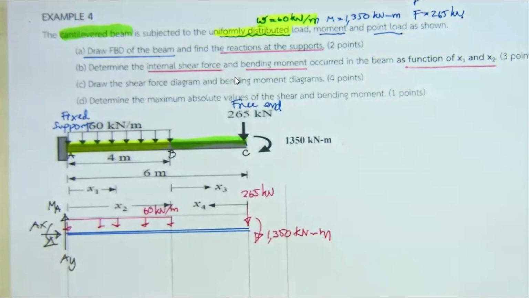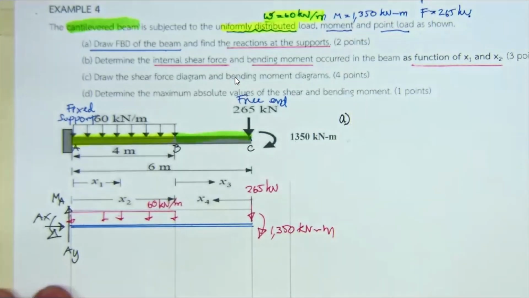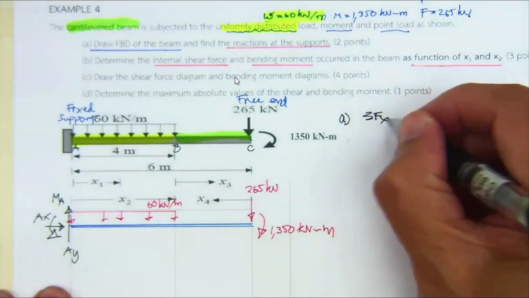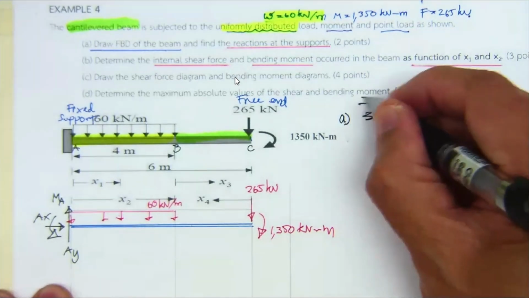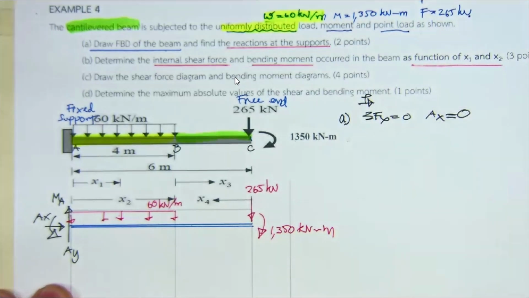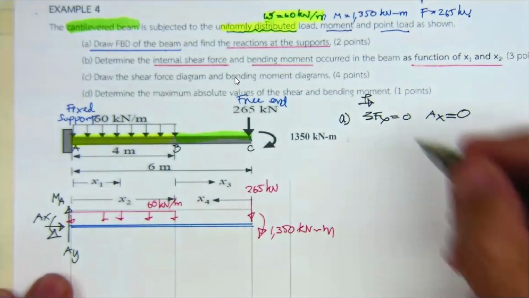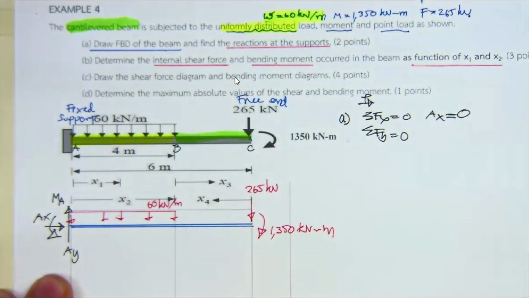Okay. Now, following A, you may do the summation of F sub x equal to 0, A sub x in this direction to be 0. Very simple. And then you do the summation of F sub y equal to 0.